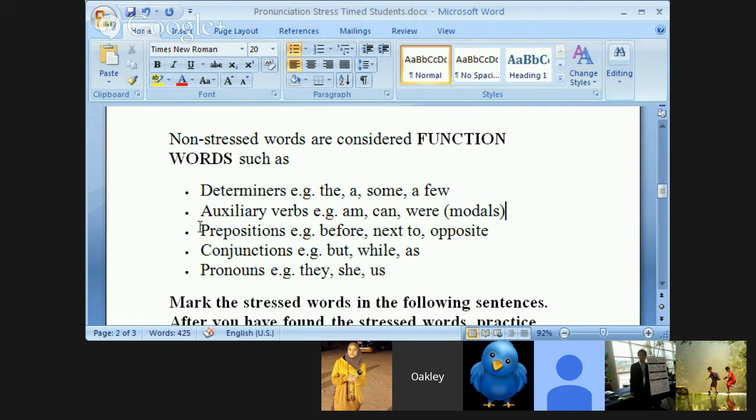Prepositions that show where, when, possibly purpose or how. Prepositions: before, next to, opposite, or simpler ones, in, on, out.